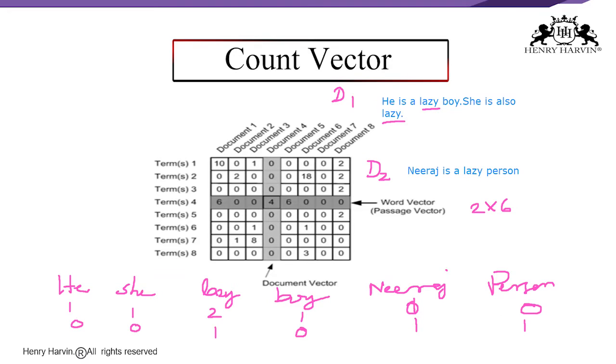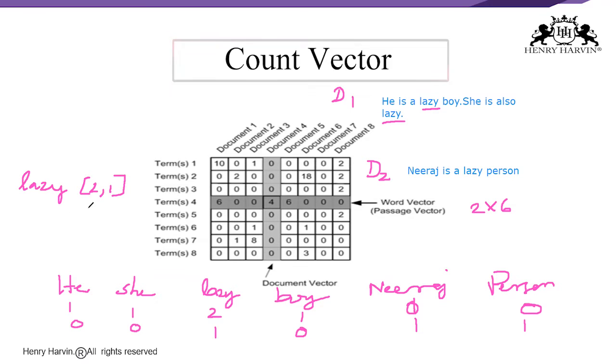Now a column can be understood as a word vector for the corresponding word in the matrix. So here, if I write lazy, I can write it as 2, 1.